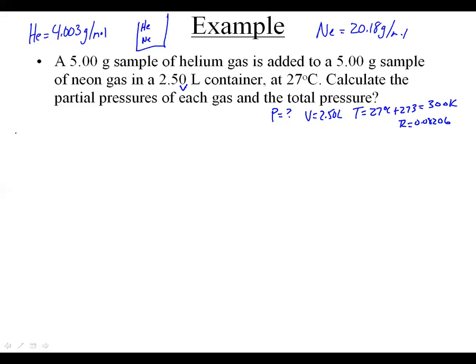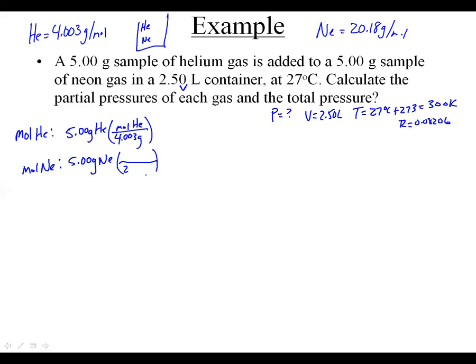So we're going to want to first figure out the moles of helium. And from the periodic table, we see that helium is 4.003 grams per mole. We'll also want the moles of neon, doing pretty much the same calculation here, with 5 grams of neon, using the molar mass from the periodic table, which is 20.18.